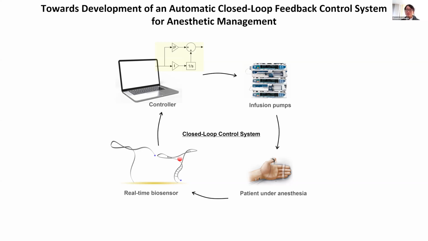Since we have the response to the rocuronium concentration in blood, based on the measured response we can determine how much antidote we should inject into the patient. Since this is a feedback control system, based on the sensor response we can inform which antidote and how much to inject.